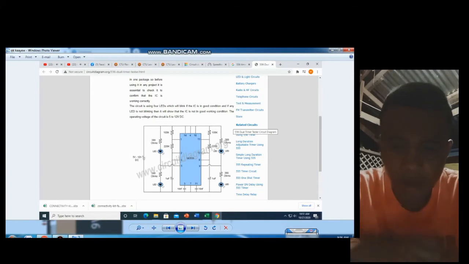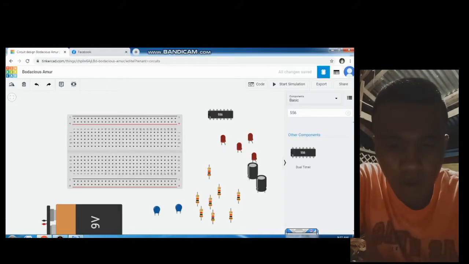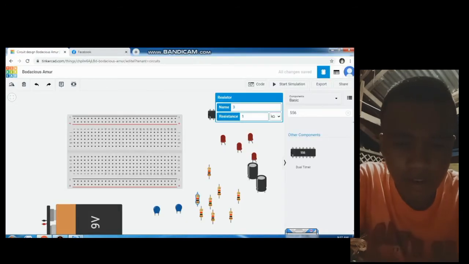Okay, next thing to do is we deploy the components into the small breadboard. We change the resistance of the resistor, 390 ohms.